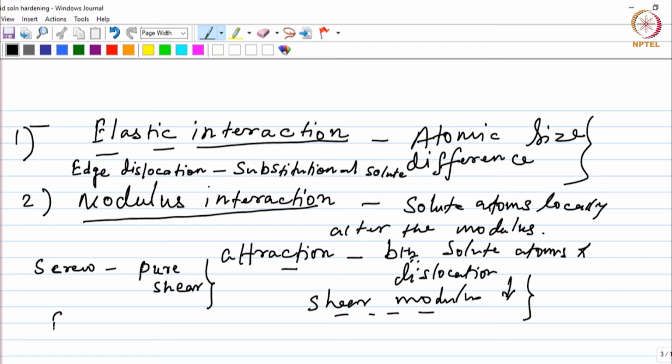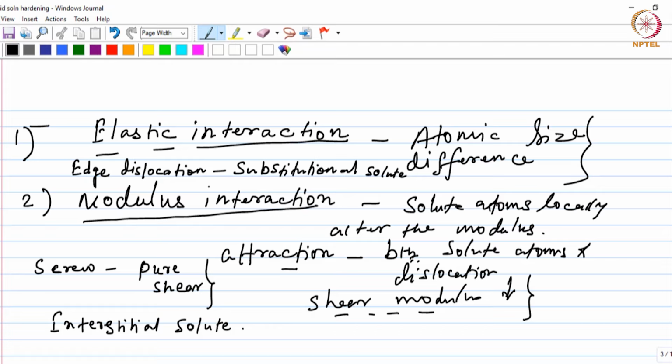The interstitial solute atoms, on the other hand, can interact with both edge as well as screw dislocations, because the strain field associated with the interstitial atoms has both shear and dilatation components, right?